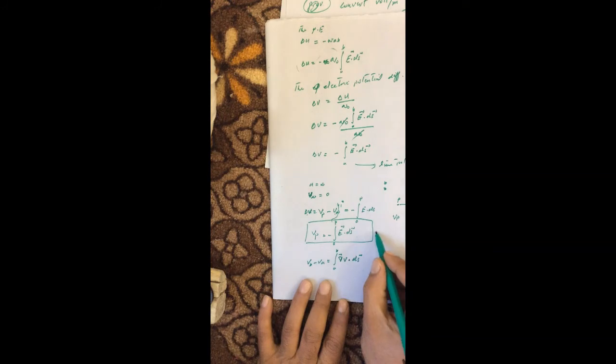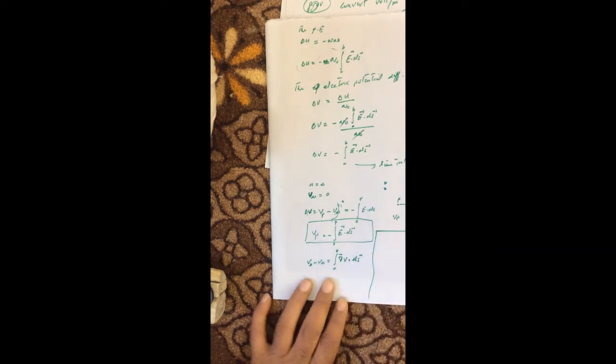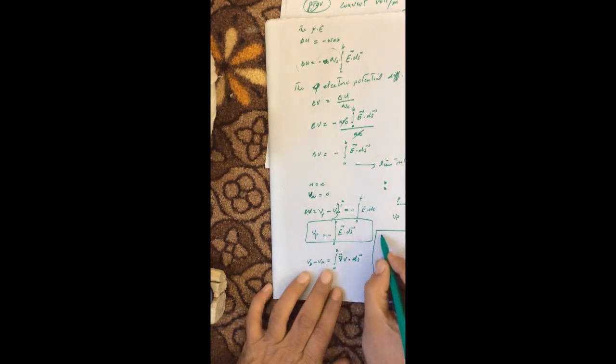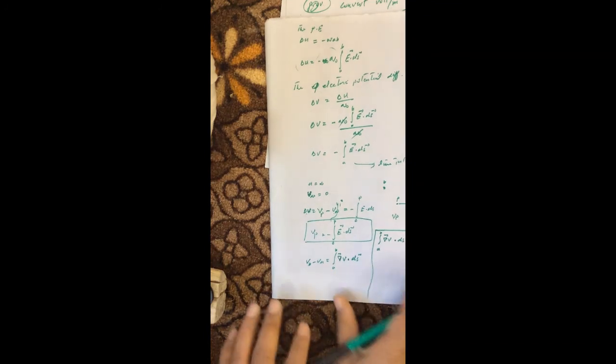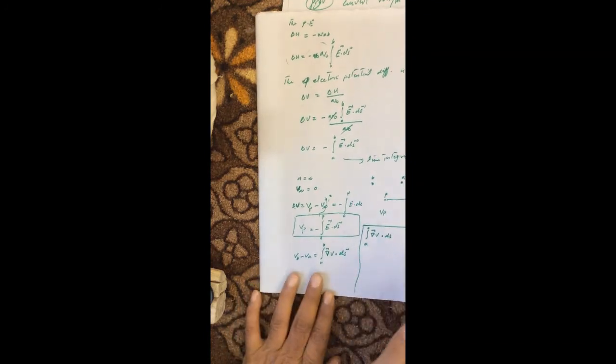I will prove it by considering the right hand side, integral from A to B del V dot ds, where V is the electric potential, a scalar quantity.